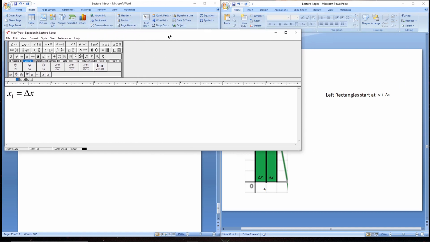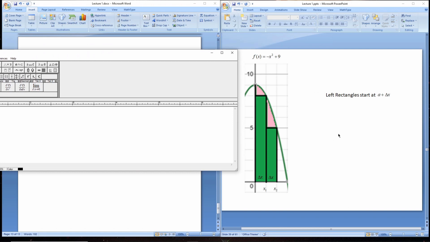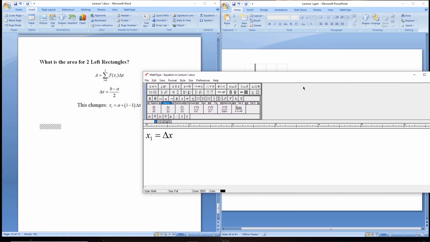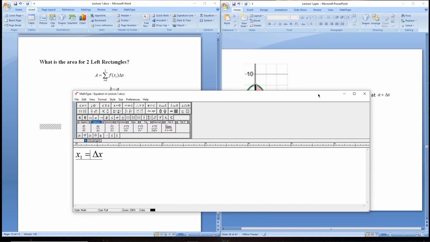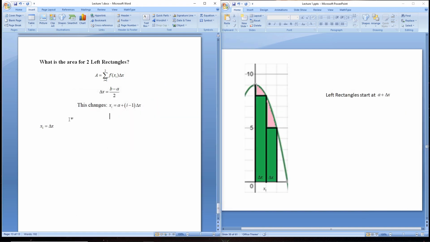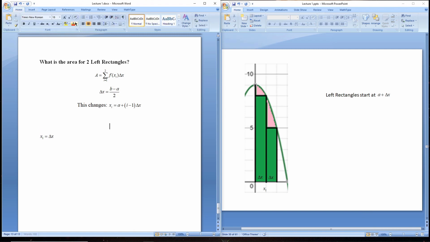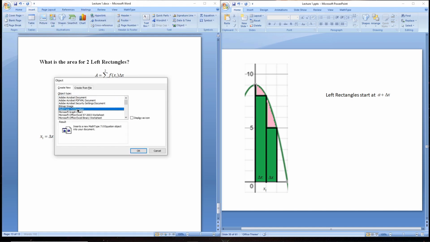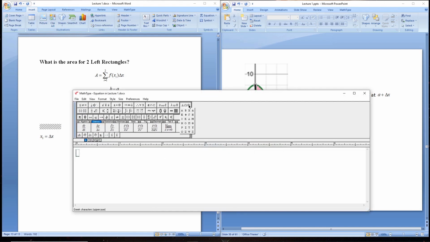And I guess I didn't write that around here yet, but we also know what delta x is. Let me actually do that really fast, since I forgot to stick that in here. We can figure out what delta x is from the information given, because it's always going to be b minus a over n.